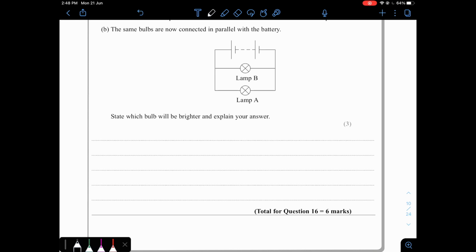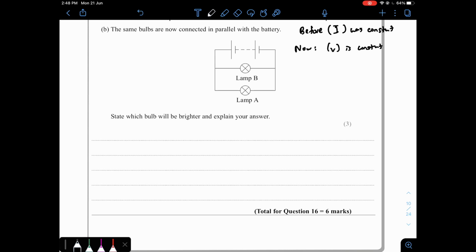Same bulbs, they're now connected in parallel with the battery. State which bulb will be brighter and explain your answer. So now, before I was constant, now V is constant, right?